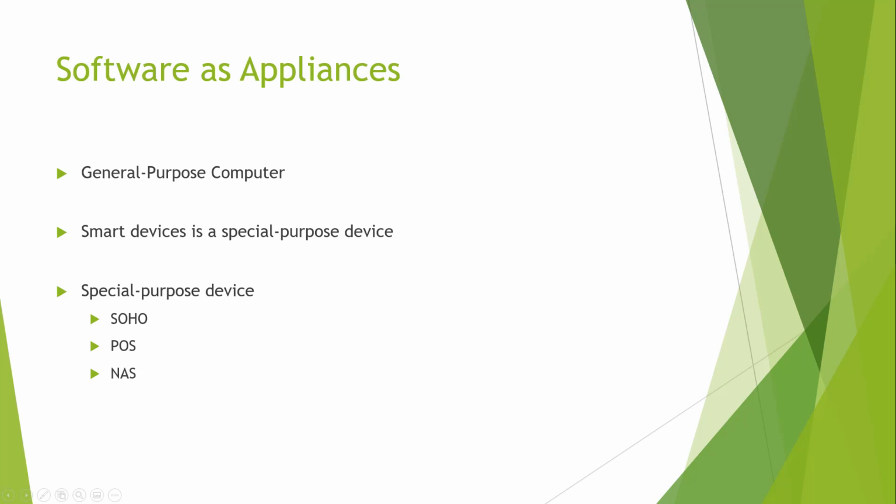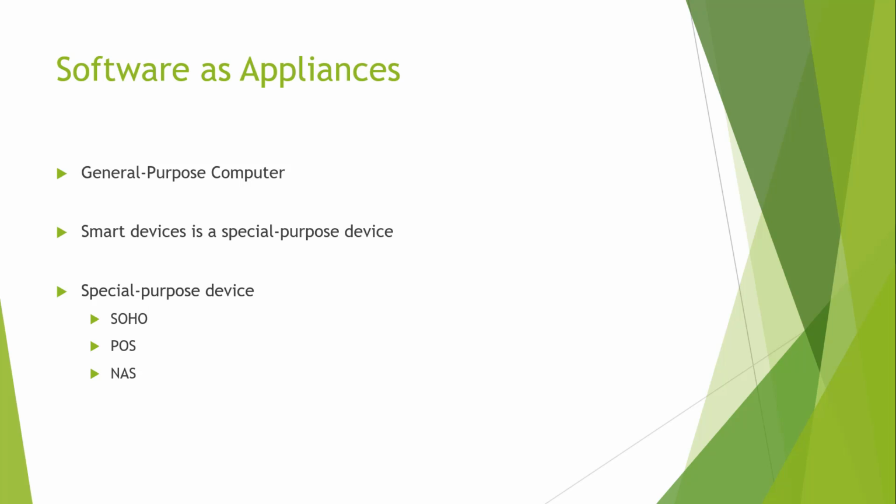What is interesting is software as an appliance. That means that general computers are used as general purpose. Your cell phone is general purpose, a tablet's general purpose. While you can have smart devices, these are often defined as special purpose. Special purpose devices are going to perform very specific tasks.